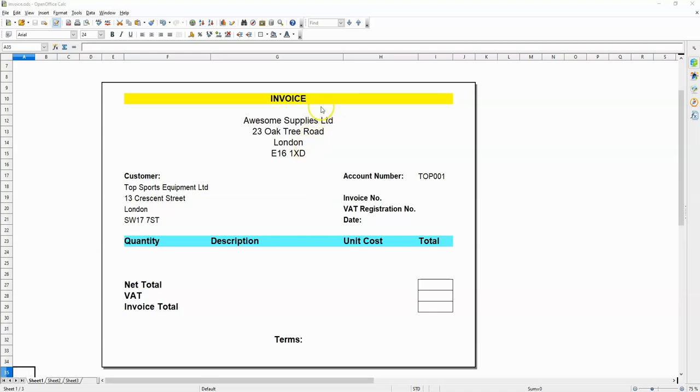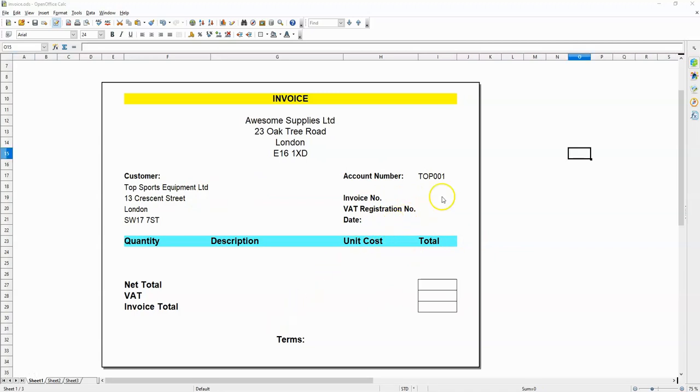So you've got your company details over here, and you've got your customers' details over here, and you've produced an alphanumerical code to reference that customer. So the next step should be to put down your invoice number, your VAT registration number, and also the date of your invoice.